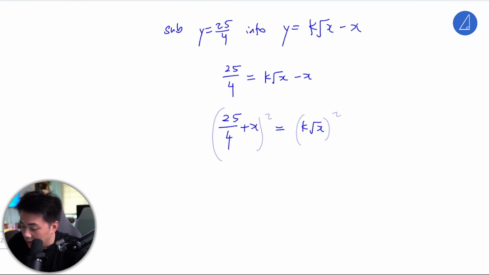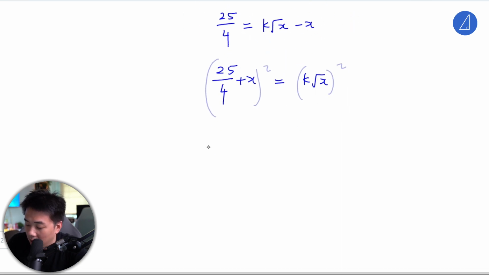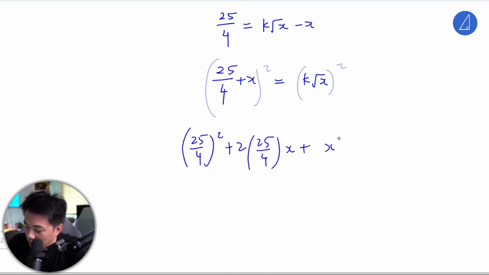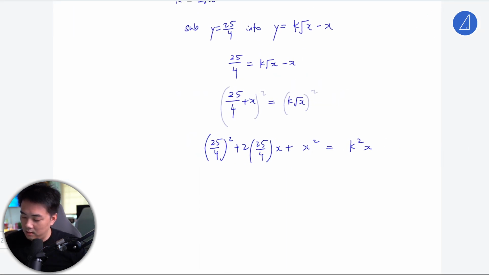That will give us (25 over 4) squared plus 2 times 25 over 4 times x plus x squared equals k squared x. Okay, there you go. So we're just going to simplify this.